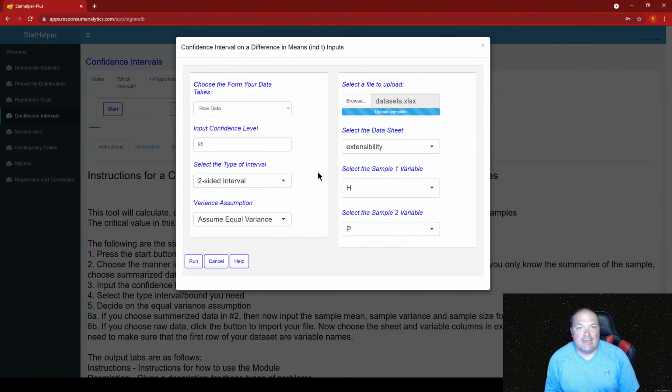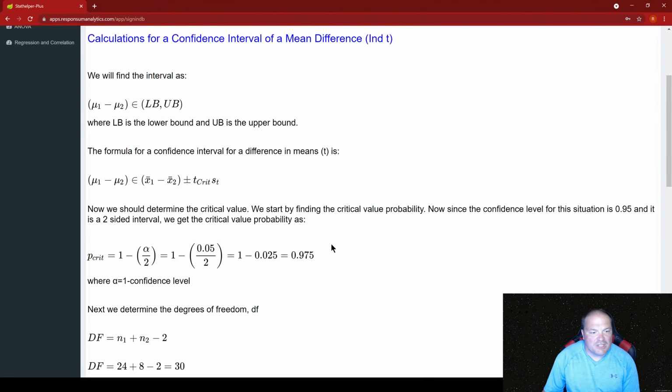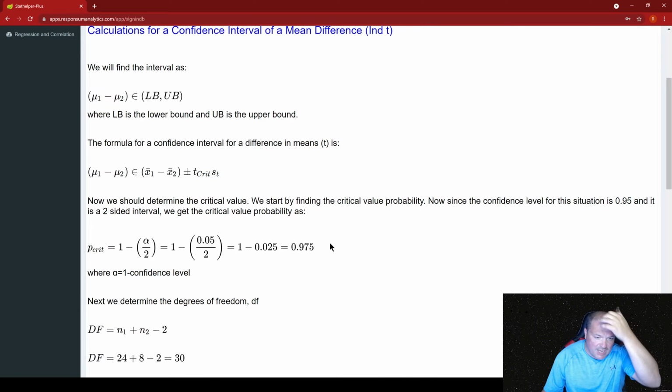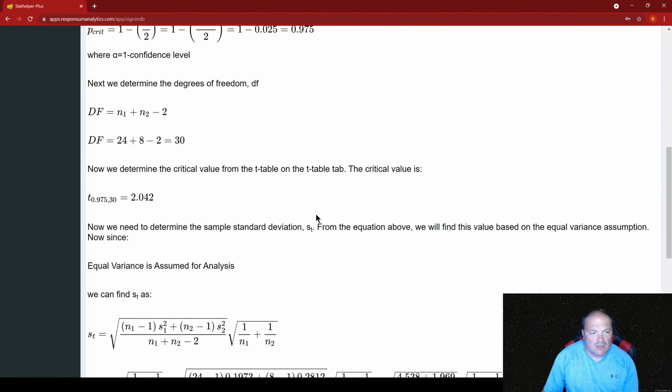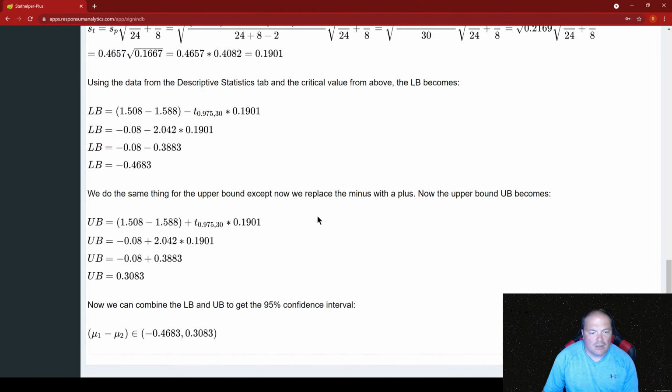So unless I did something wrong, which I hope I didn't, we should fail to reject. Okay, let's find out. What this does is basically tell you exactly how to calculate the interval. This is all here if you want to take a look at it. We find that our interval is negative 0.4683 to positive 0.3083.